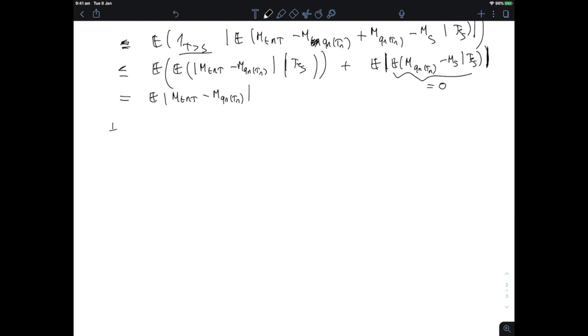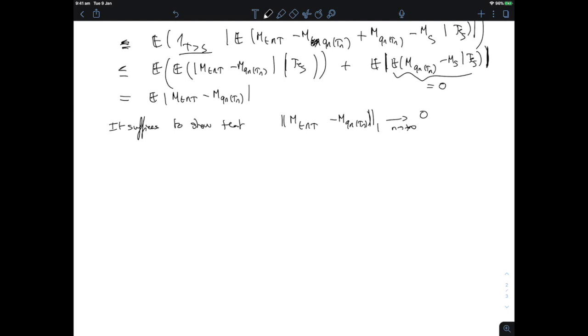So it suffices to show that this expectation goes to 0, put in another way, that M_{t minimum tau} minus M_{q_n of tau_n} in L1 norm goes to 0. That's an L1 convergence, and it would give us the result.